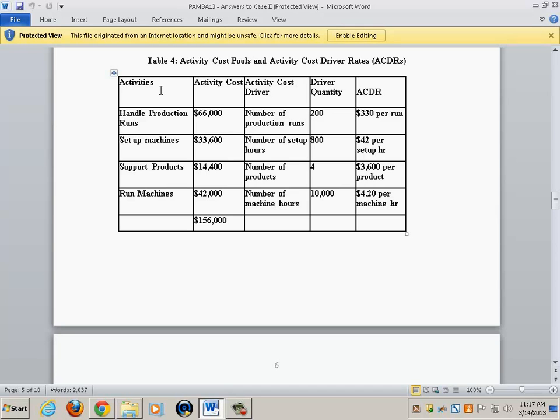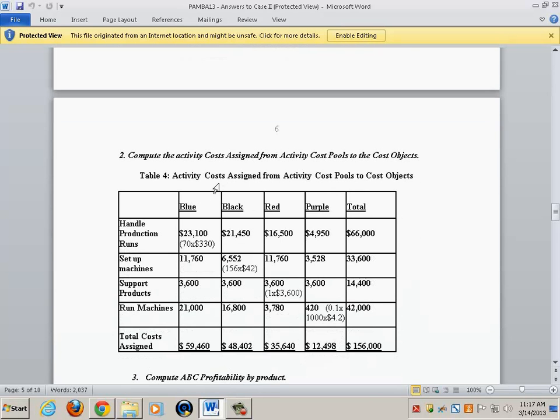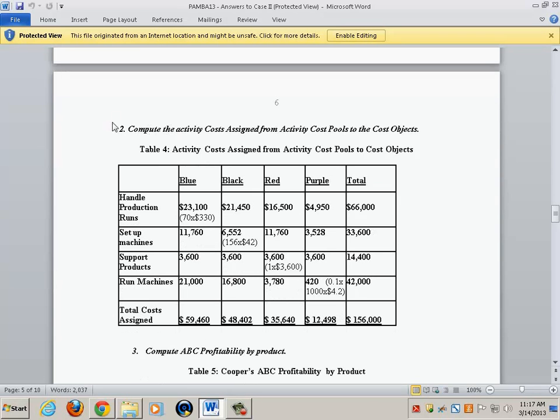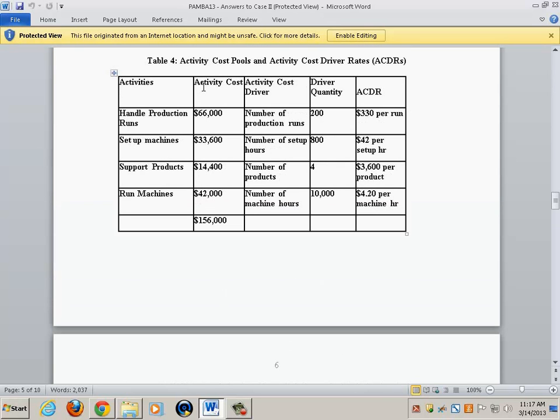So you have to the cost assigned from here.